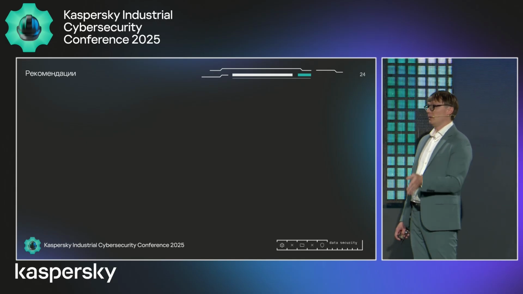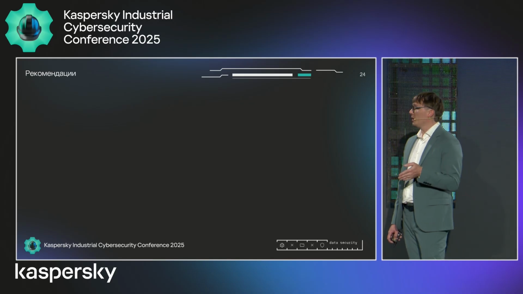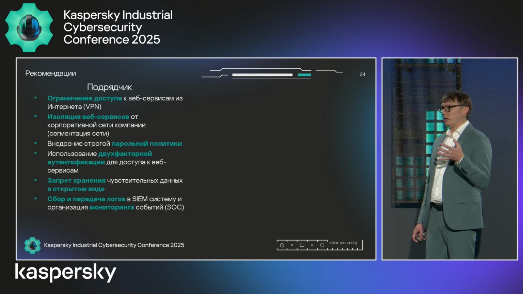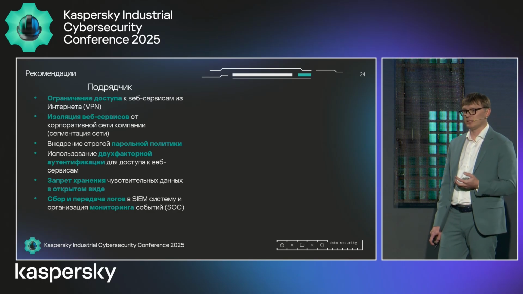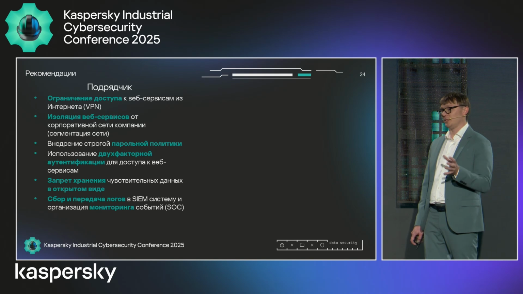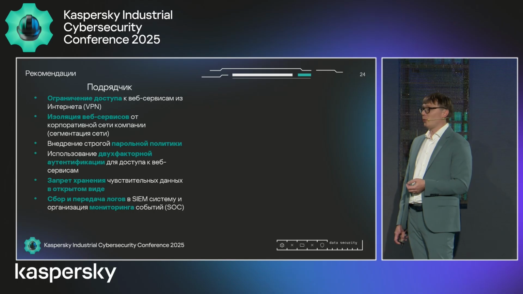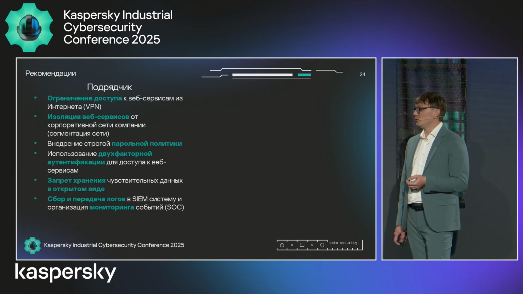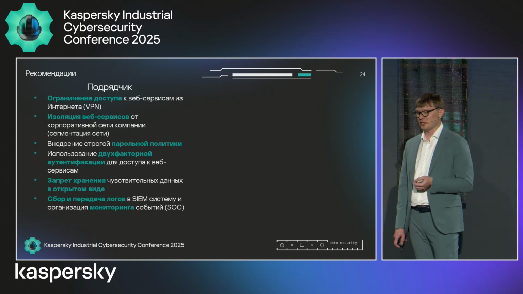And what we recommended to this automaker, and a lot of measures have already been implemented: first of all, we recommended limiting access to the web servers, hiding them behind a VPN, for example, and ideally isolating the service, having two-factor authentication, and not keeping sensitive data on the servers.